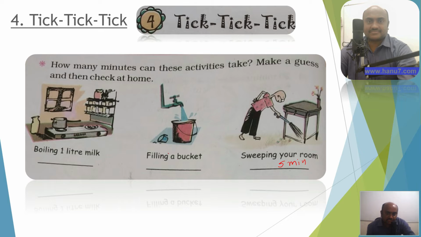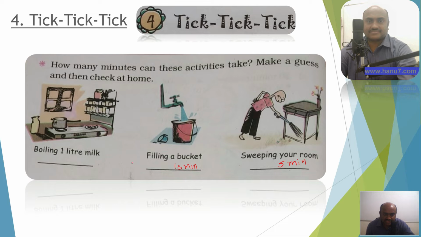And how much time you take to fill the bucket again depends upon the size of the bucket and the pressure of water, how much water is coming from the tap. So we will consider that in a worst case it is 10 minutes. And for boiling 1 liter of milk, here also there are so many parameters.